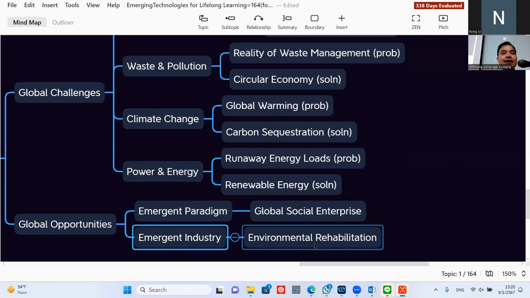My guess is in the future, there's going to be a new job. And that new job is not producing, it's not regulating, but literally cleaning. Cleaning everything. Cleaning waste, cleaning radioactivity, cleaning deforestation, basically rehabilitating the environment. Now, you're going to say, how is this going to be financed?